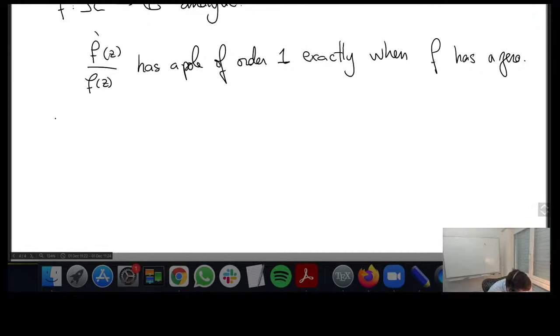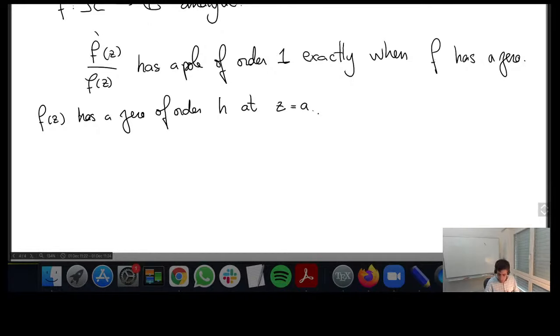Why? Let's say that f of z has a zero of order h at z equals a. Then this means that f of z is equal to (z minus a) to the h times f_h of z, where f_h of z is non-zero and analytic.